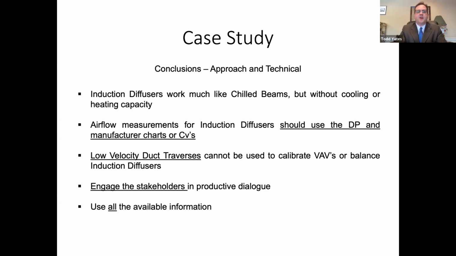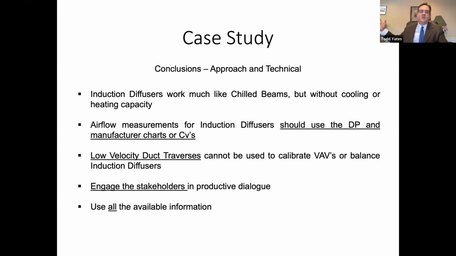So the second part of that question, what if the air handler total doesn't match the VAV total in the final TAB report? Well, there are 2 reasons that could happen. One is that one or both of the readings is in error. We did try this on smaller branches, where once we had a number of VAVs calibrated using the correct method, we opened those up and said, okay, if we traverse one VAV, we're down at 500, 600 feet per minute.